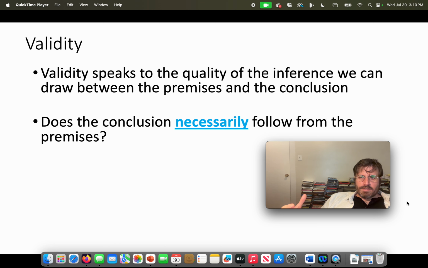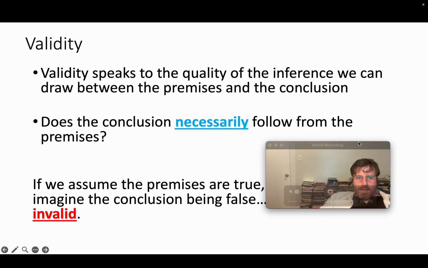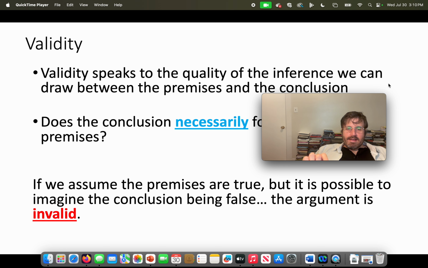You have an argument that is too inferentially open to count as a valid argument. If we assume the premises are true, but it is possible to imagine the conclusion being false, the argument is invalid. Arguments are invalid in deduction when you can have an alternative conclusion, when a conclusion could be false with true premises.